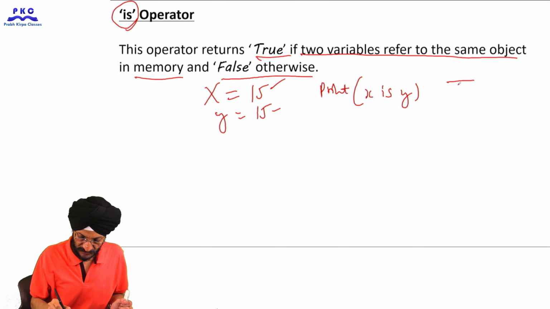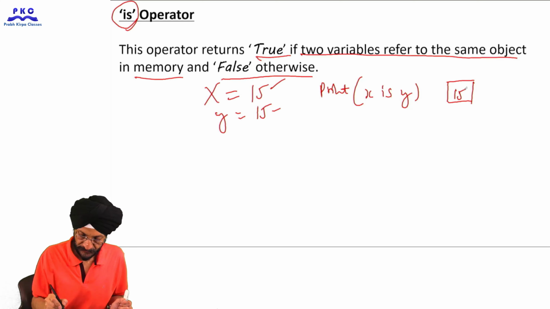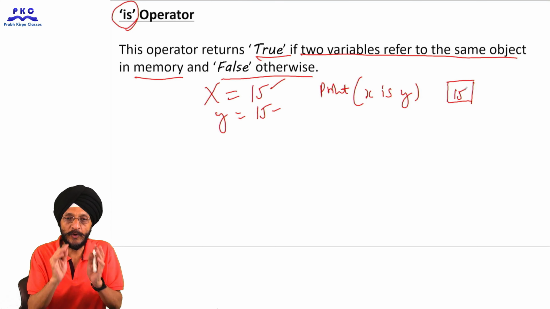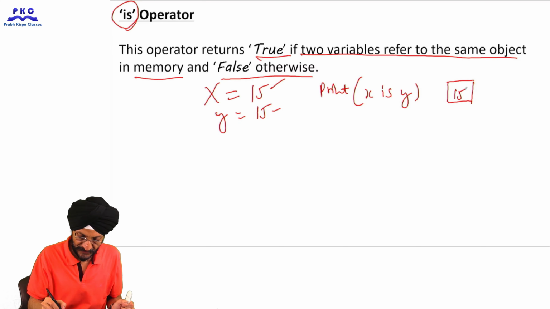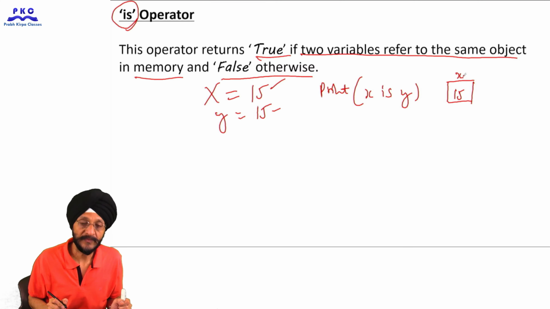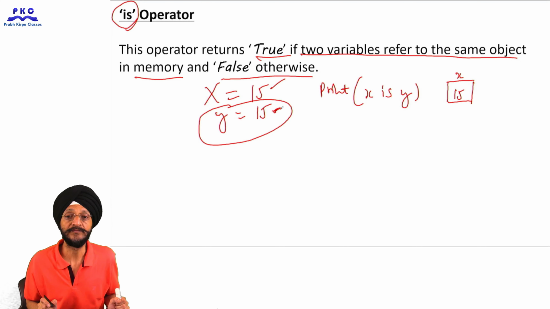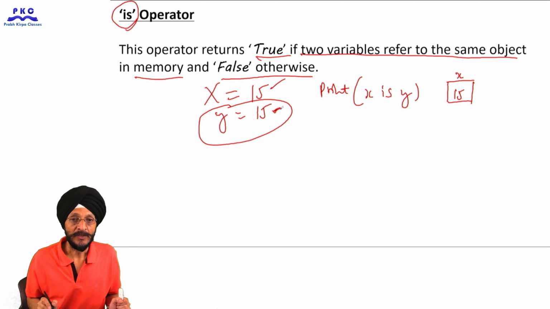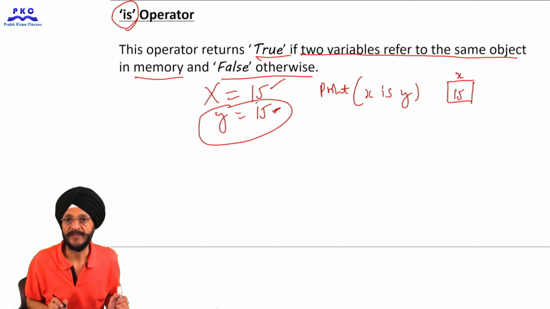Here in memory, when we write x is equal to 15, the information is contained in a container and its tag name is x. And when we create another variable y is equal to 15, now this 15 is also an object.